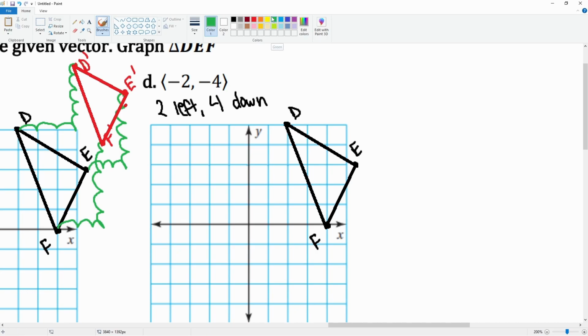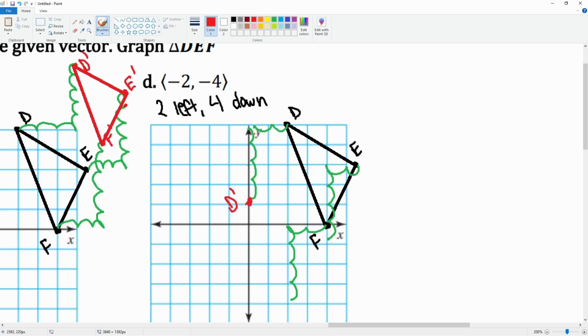So let's grab the points and move them. D: left 2, 1, 2, down 4, 1, 2, 3, 4. E, same thing: 1, 2, down 4, 1, 2, 3, 4. F: 1, 2, then 1, 2, 3, 4. Let's label it now. This is D prime.